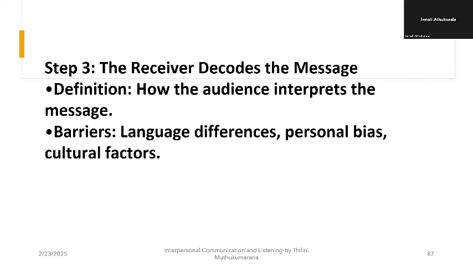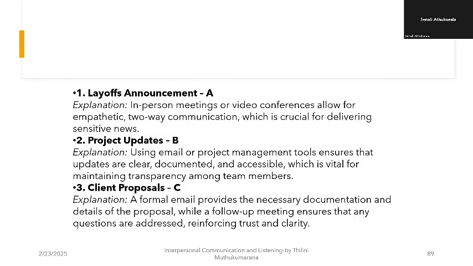Okay. So there are barriers. The receiver may not understand the language or the terms that the sender has used sometimes. There can be personal biases and there can be cultural factors. These are the barriers that can come up when the receiver is going to understand and interpret the message. Okay.